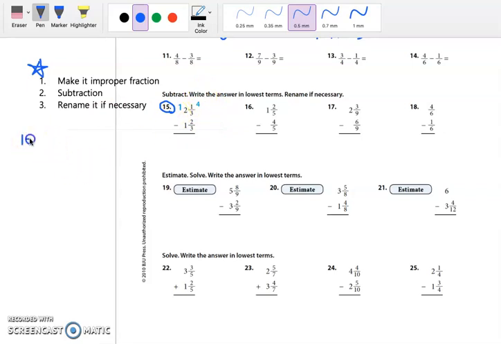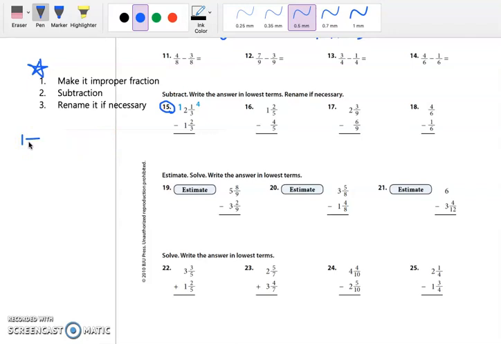But when you're making it improper, you need to remember that if you're going to keep the whole number for the second fraction, then you need to keep the same number for the first fraction. Because I'm going to take out this 1 from the first fraction, I'm going to keep 1, the whole number, for my first fraction.